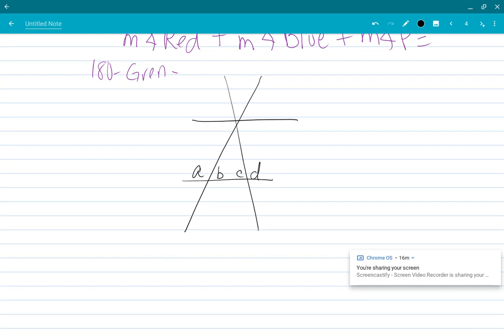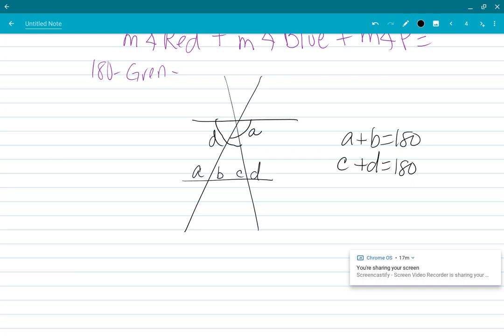Okay. So here is A plus B equals 180. C plus D equals 180. And this is A, the same thing as A. And this is D, the same thing as D. So you're going to do this.